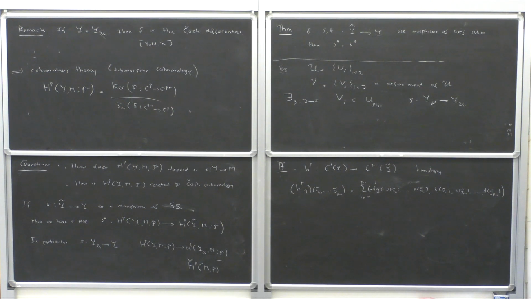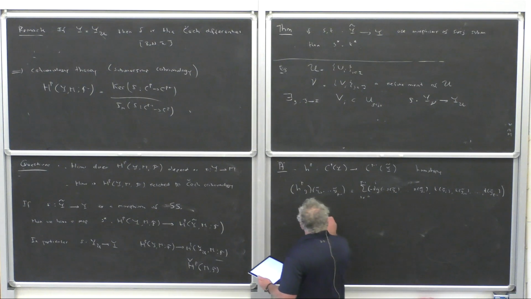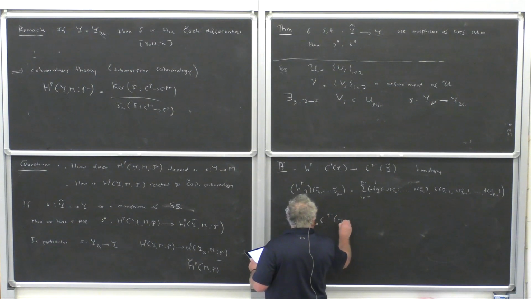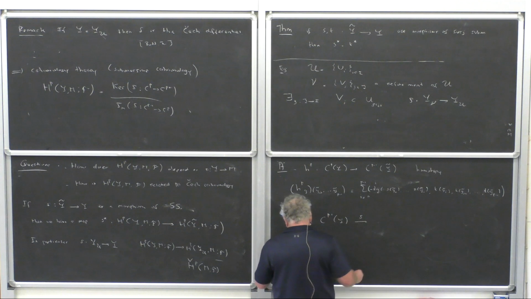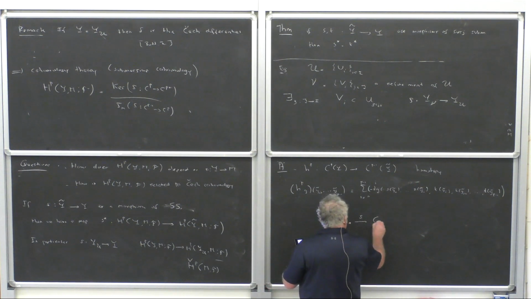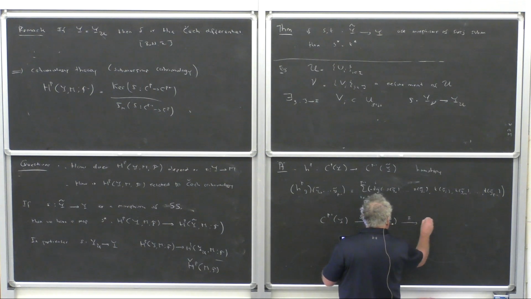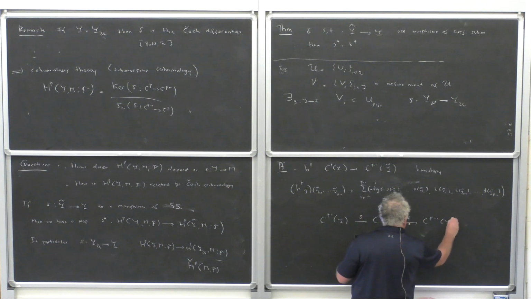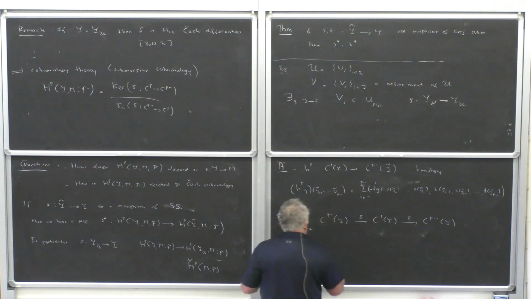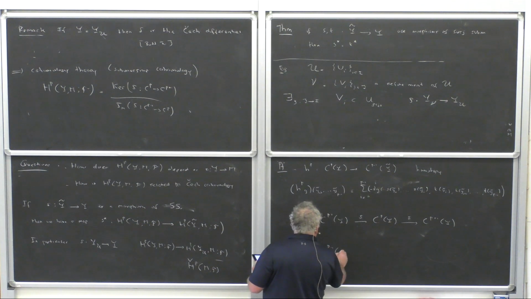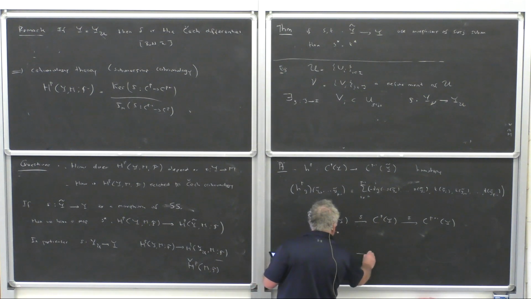Now this looks like a strange formula, but let me draw a picture. So here's C^{p-1} of y, I have the delta, C^p of y, delta, C^{p+1} of y. And I have the same complex, but for the y tilde.